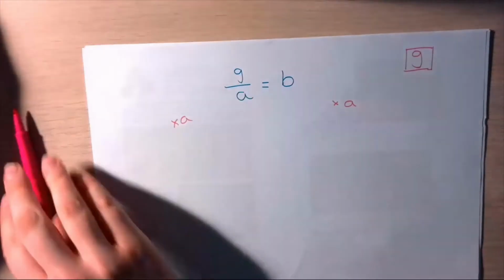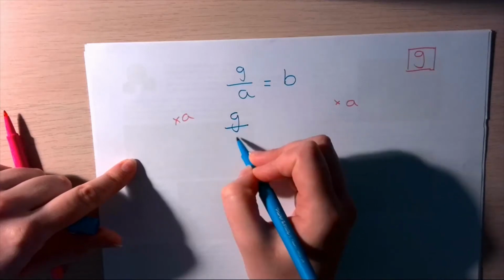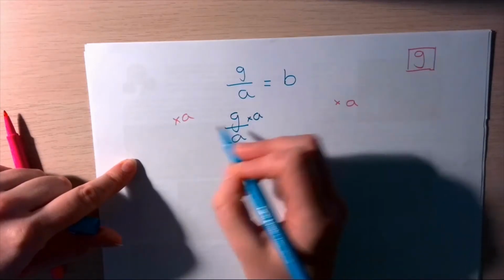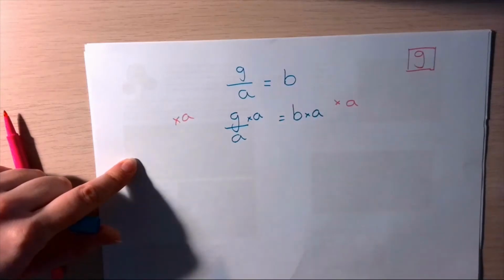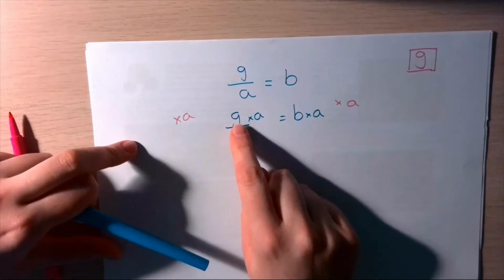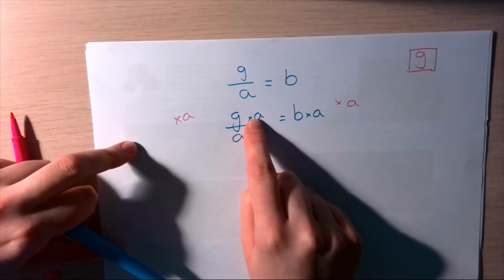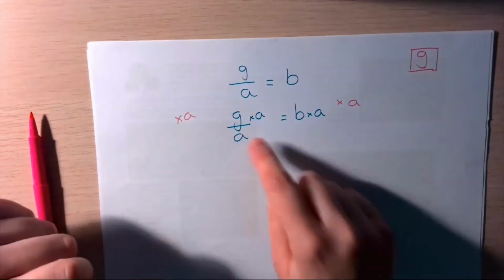We get G divided by A times A, as I multiply by A, equals B multiplied by A. Now like on the last page, if you've got G divided by A and then times by A, it's just going to be G. These two things kind of undo each other. These are inverses.